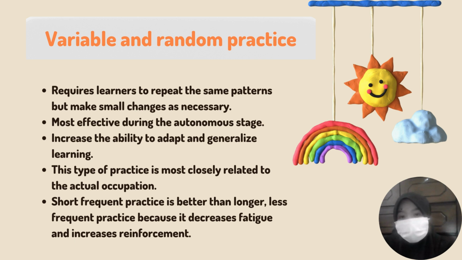For example, a child is doing random practice when he is working on a grab and release pattern, as he or she engages in a variety of play activities during the intervention. The child might have to pick up and release toys as the play requires.